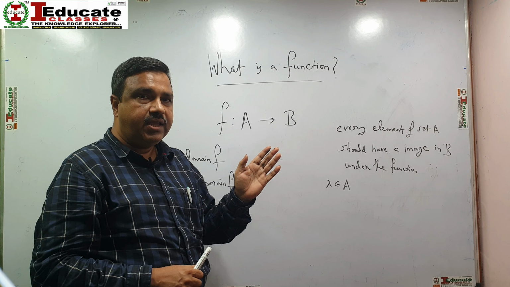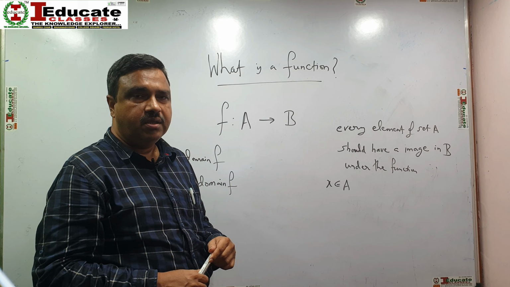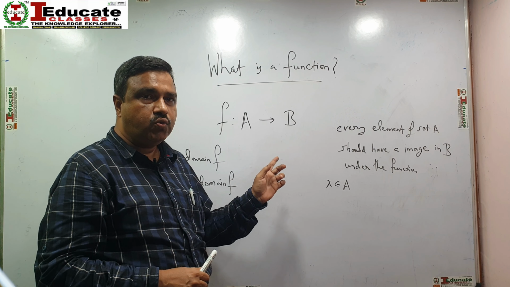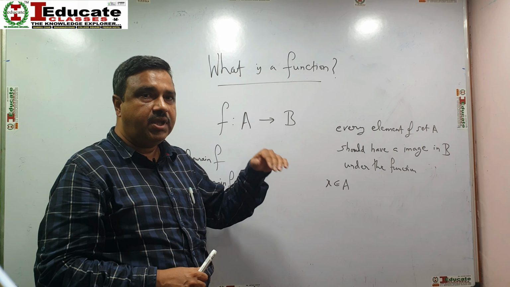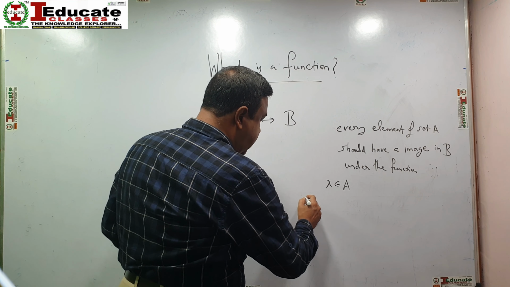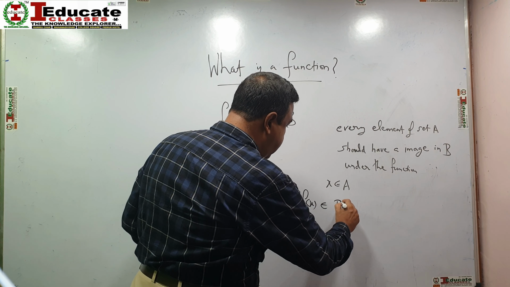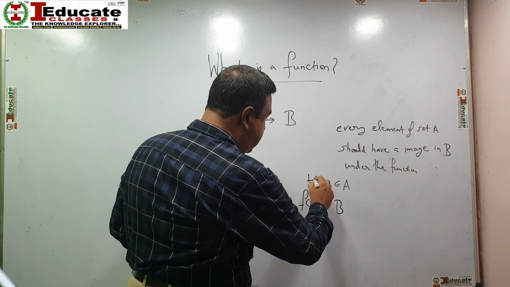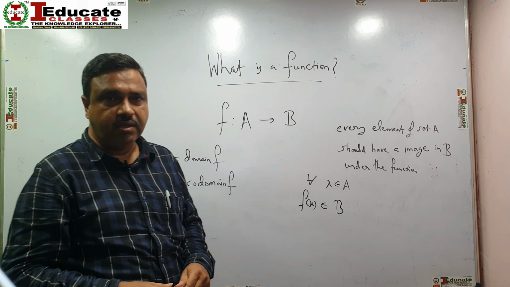Since A is a non-empty set, every element of A should have an image in set B. So that means we say f(x) must belong to B for all elements x in A.